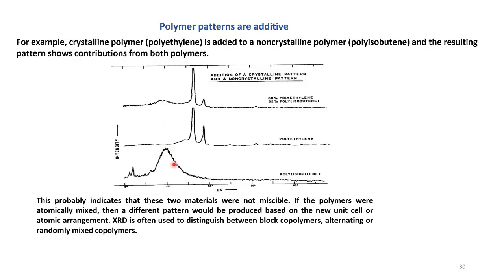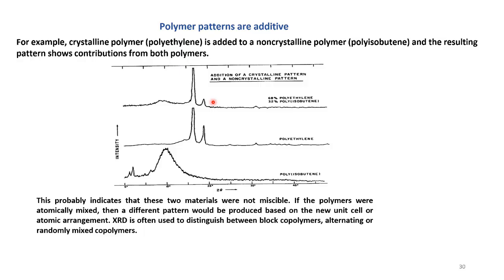We'll get a combined peak here. So here we are getting some broadening and some crystallinity. So both amorphous and crystalline natures are shown here. So this is used to distinguish block copolymers from alternating or random copolymers. Those kinds of differences we can observe from the XRD.